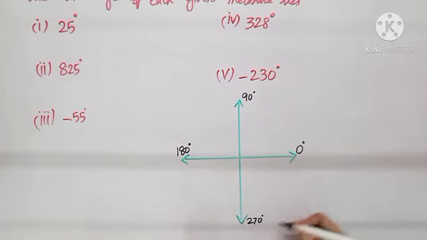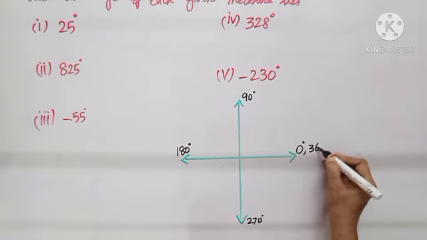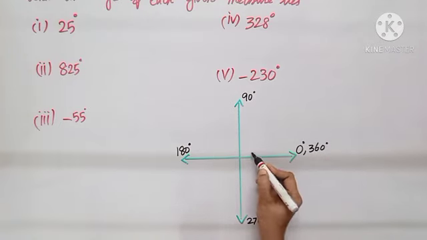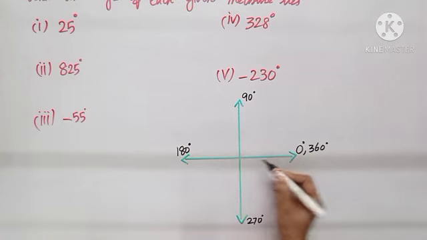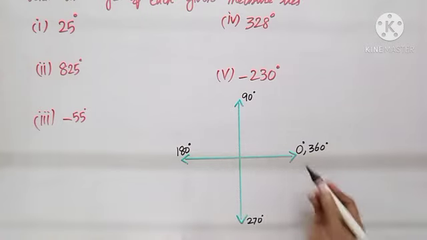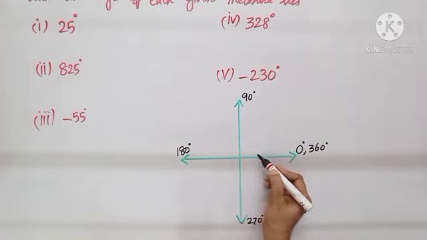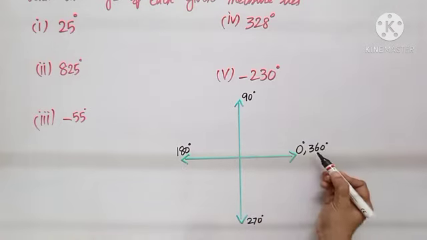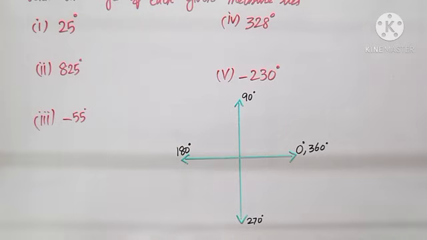And finally, back here it is 360 degrees. One complete rotation from here to here we call 360 degrees. Each quadrant we say 90: 1 into 90, 2 into 90, 3 into 90, 4 into 90.